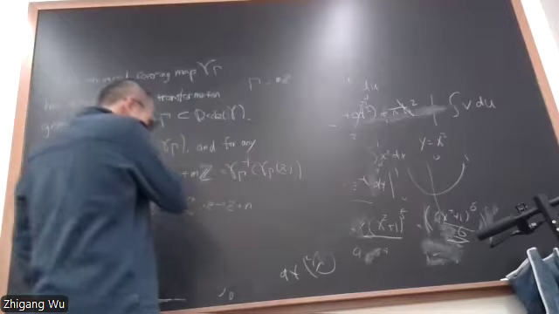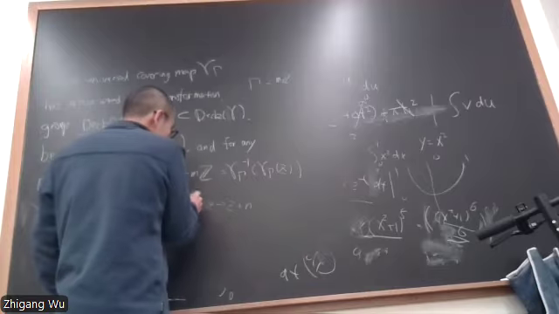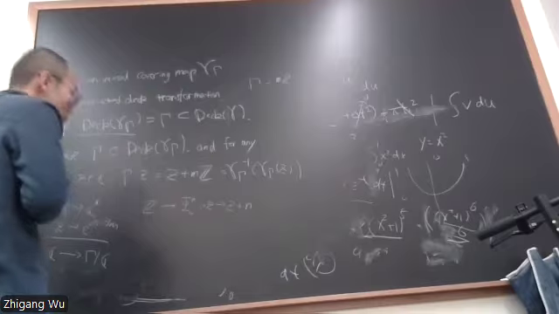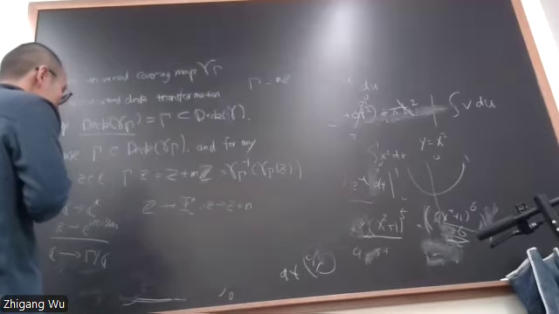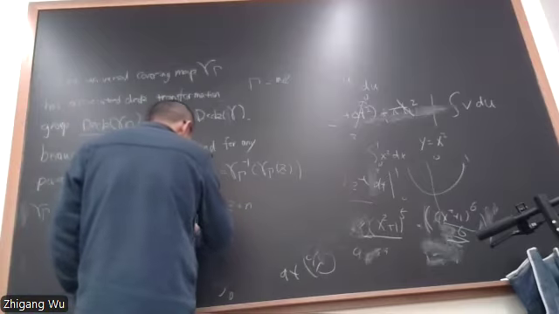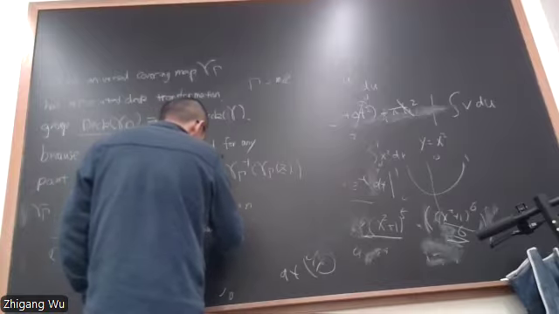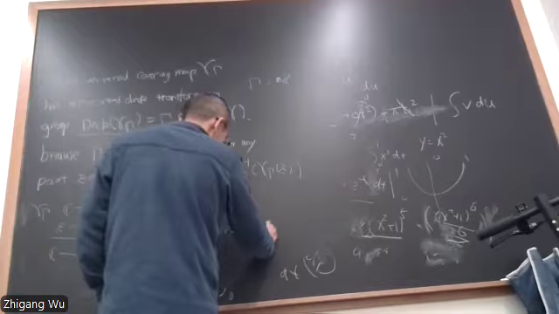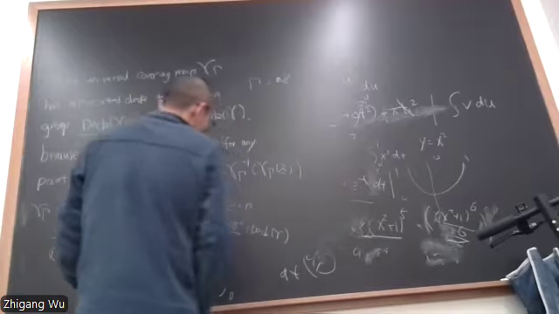We show that this phi_n is actually a deck transformation of this covering.